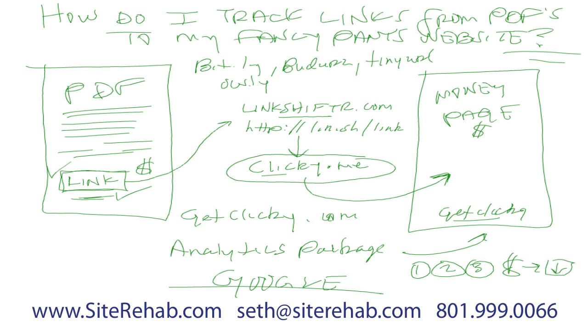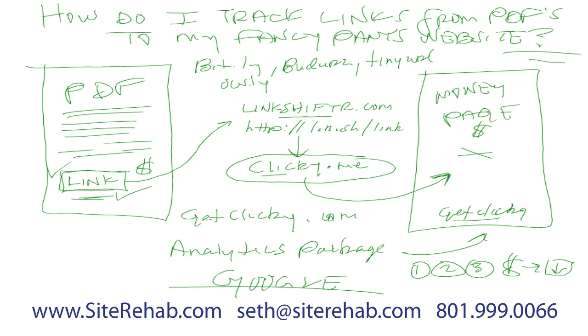All the way through. And so let's say that Nancy over here, she read your PDF and she wasn't as sold as Joe was. And she still clicks on the link because she's curious. So we track her and she ends up going to your money page and she clicks out of your money page because she just didn't like it. Right?